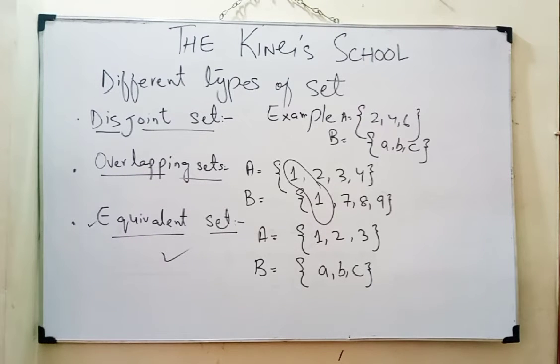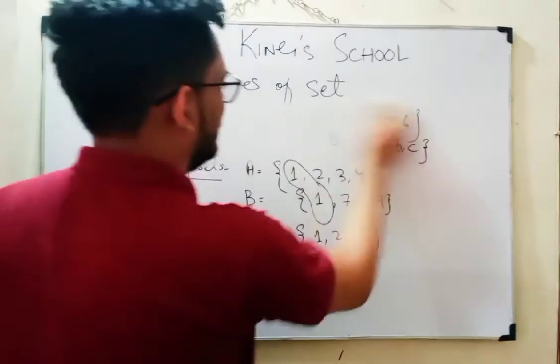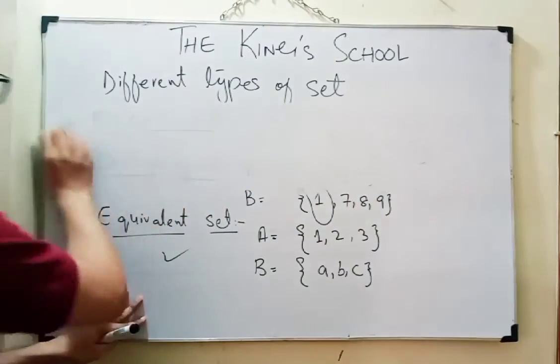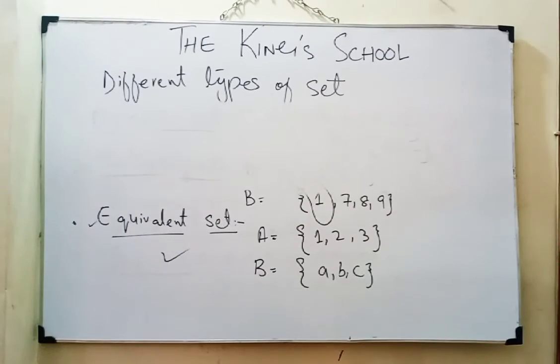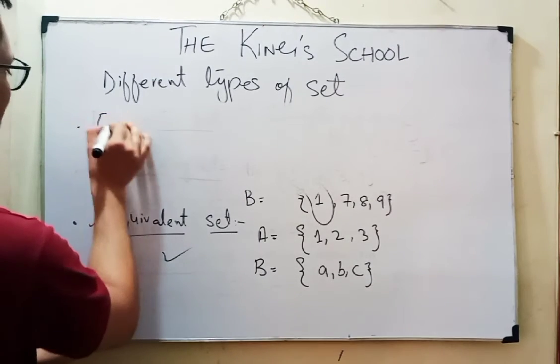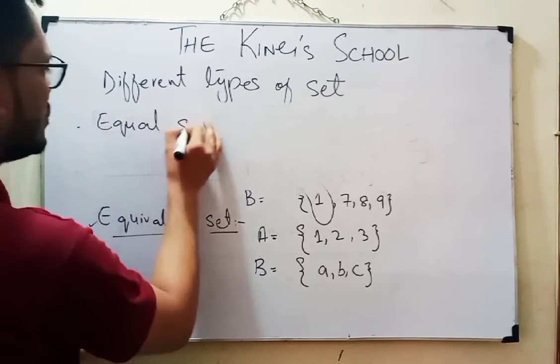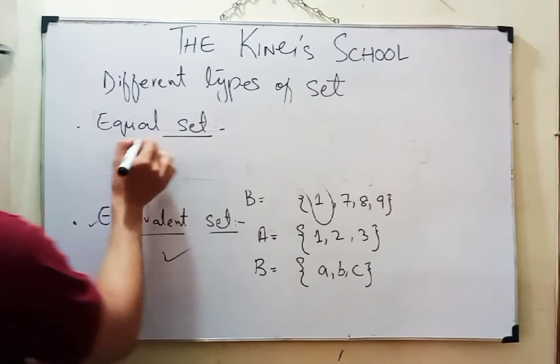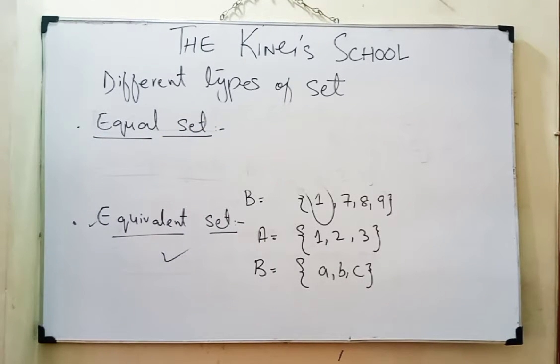Now move towards the equal set. As the word shows, equal sets consist of the same elements. Even the elements should be the same.